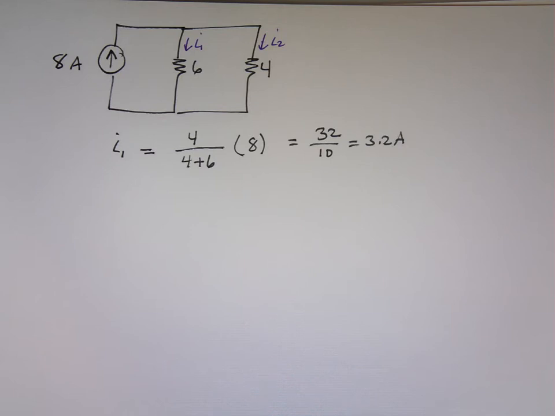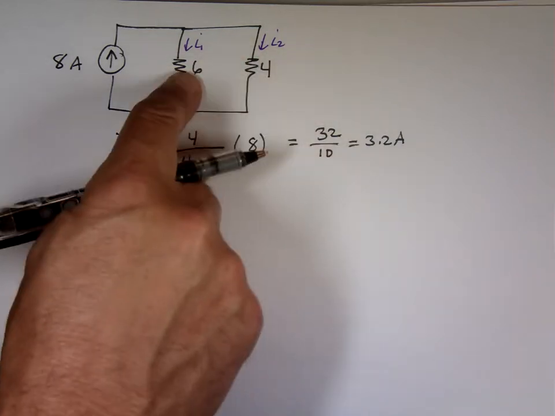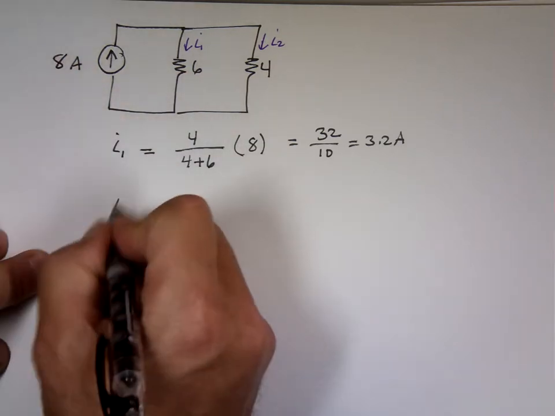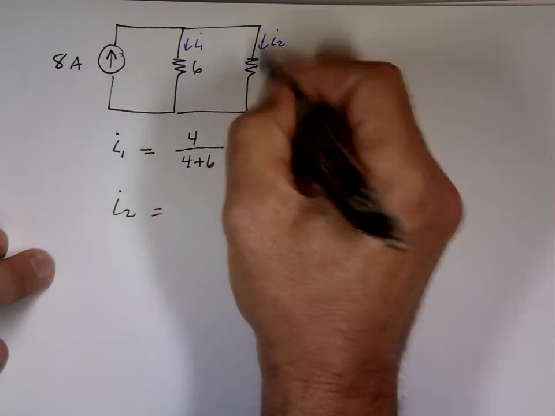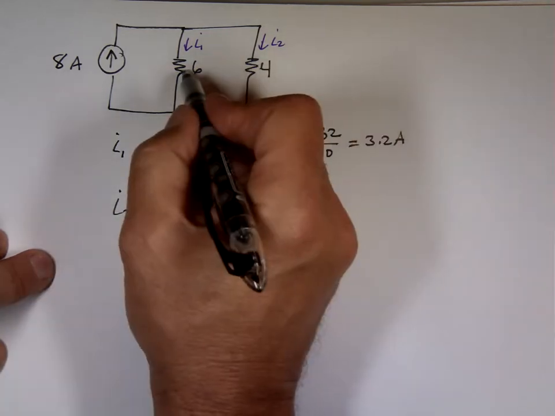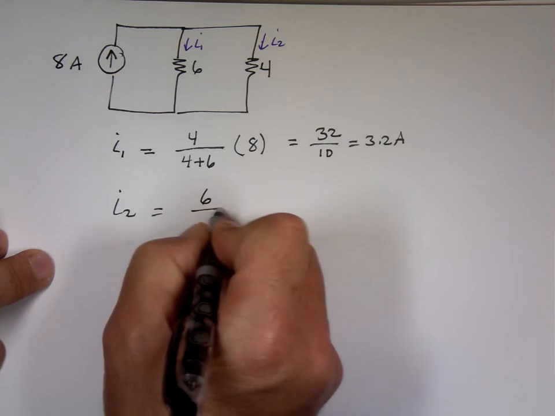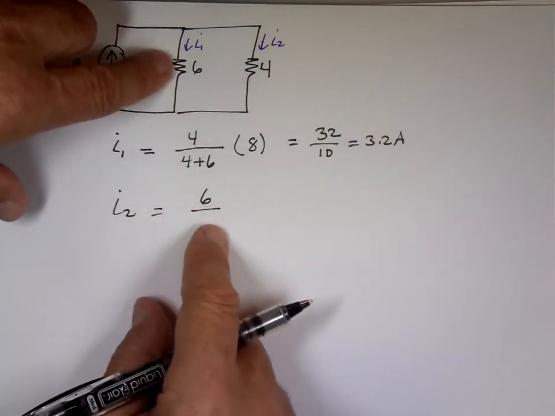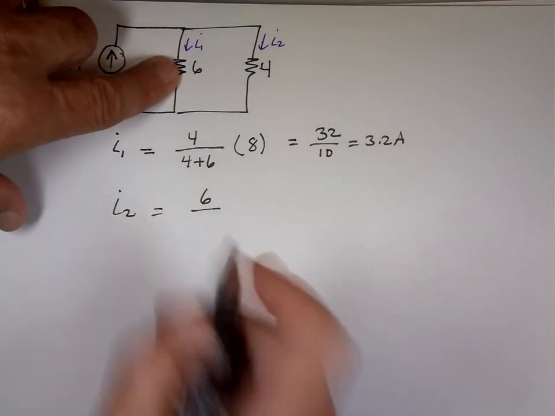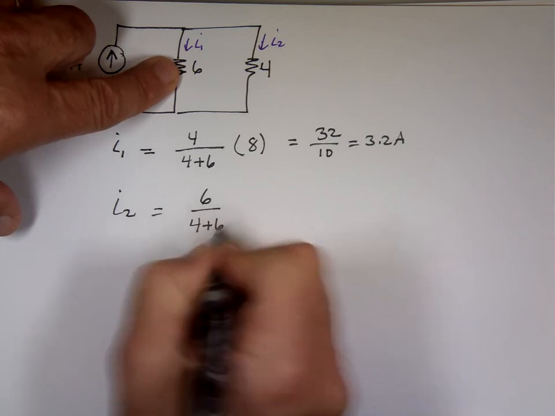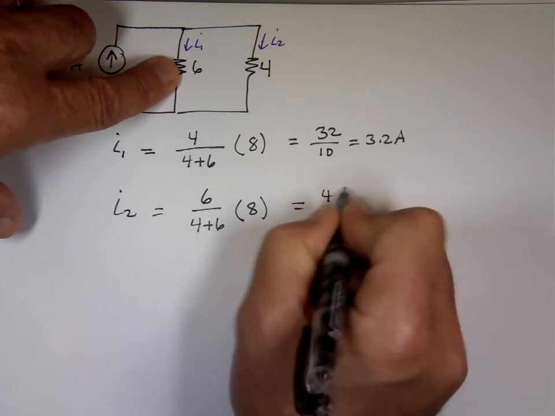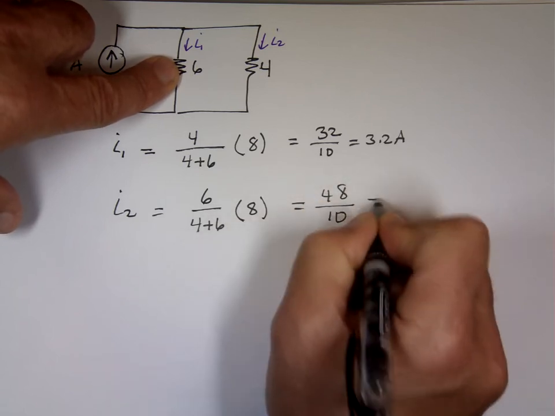They have to add up to what? 8 amps. So if you don't want to do it, you can figure it out, but I'll do it. This is I sub 2, this resistor. So for the voltage it's the same resistor, for the current it's the opposite resistor. So now 6 over what? 4 plus 6, times the 8. 6 times 8, 48, over 10, which is what? 4.8 amps.